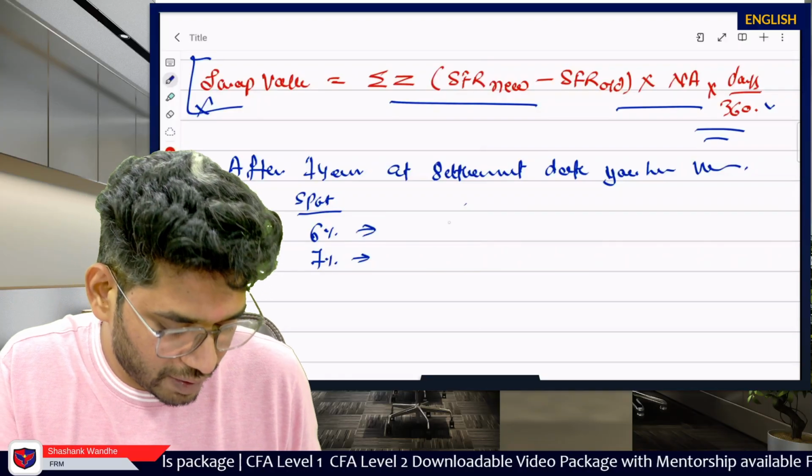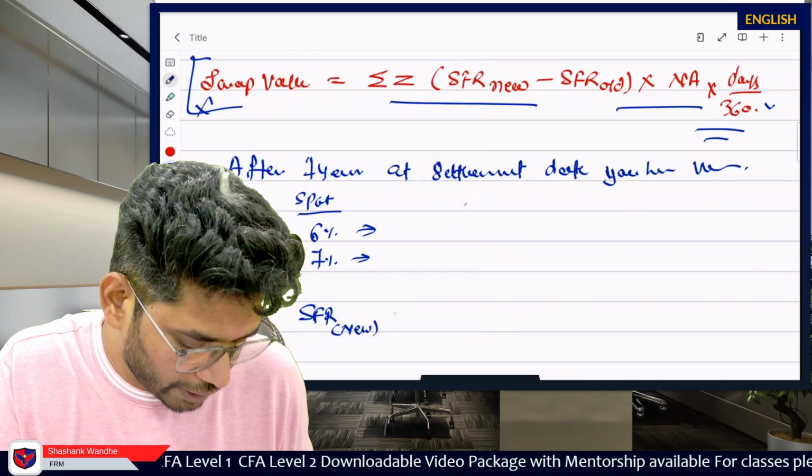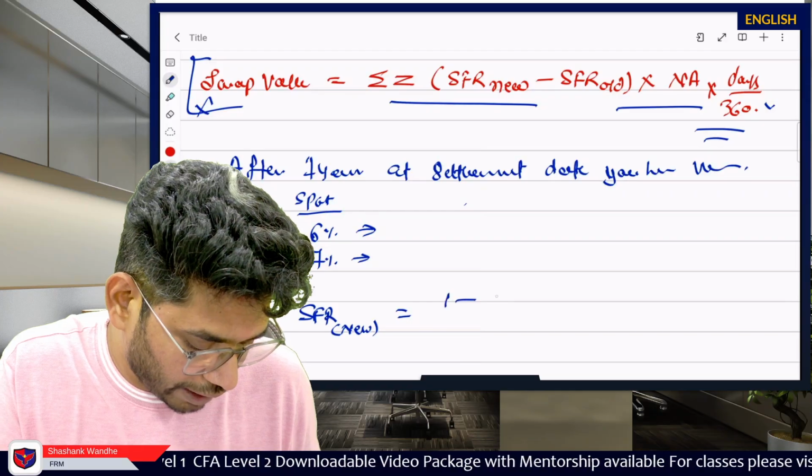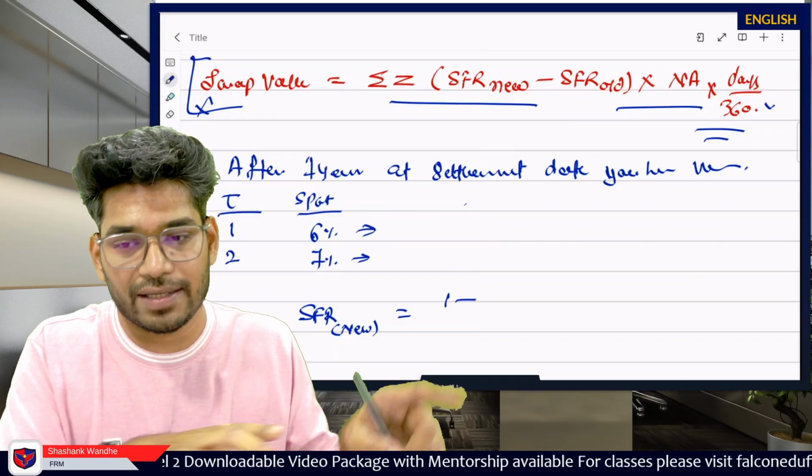Again, we have to follow the same formula, that is SFR, but this is SFR new. And again, we have to calculate 1 minus Z last divided by the sum of all the Z's.